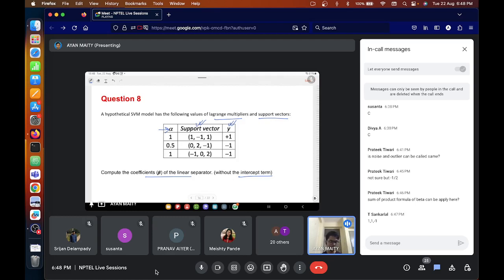So this is based on a formula. If you have gone through the video lectures or the material of this week, then beta can be expressed as a function of this alpha, the support vector points, and the y values for the support vector points. So there is a specific formula to easily compute this coefficient vector beta.